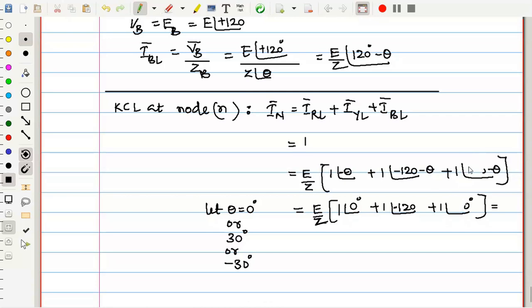Now you check it. It is 0. Yes. Similarly, even if you put 30 degrees, it goes 0. You can check if you want. Even for 30 degrees also 0, even if it is minus 30 degrees also 0. For all these three cases, or any theta, this will be 0.